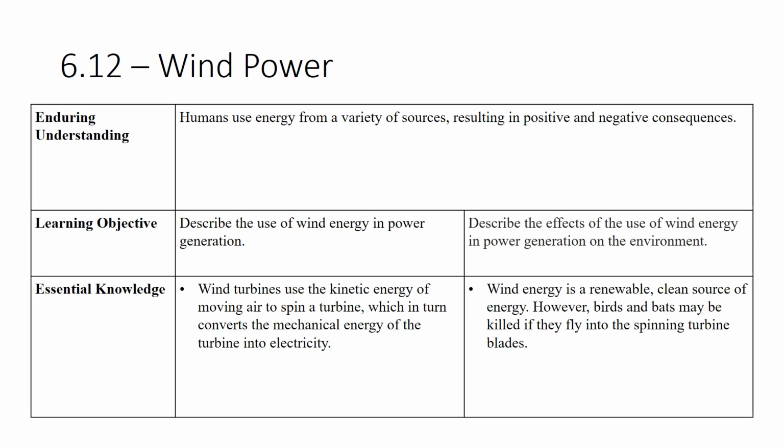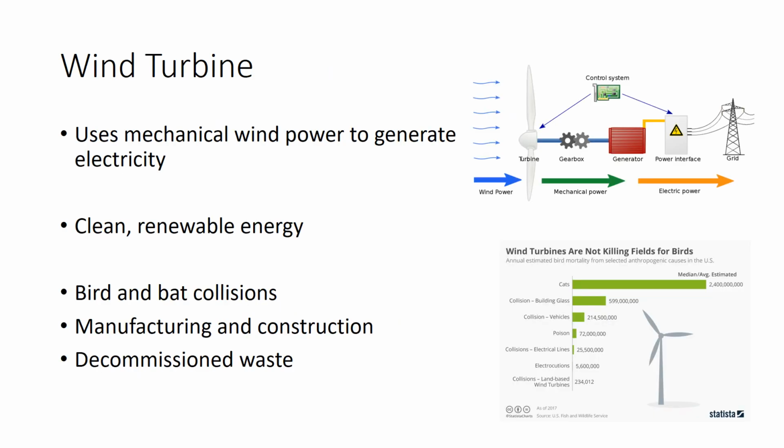All right, so wind power, which is my favorite energy. I'm a big fan. Okay, let's take a look at the different kinds of wind. A wind turbine is a really simple machine. It just uses the wind to turn the turbine, which generates electricity.